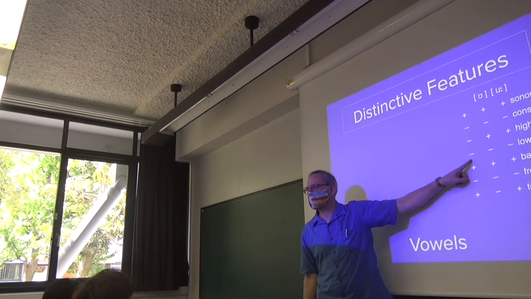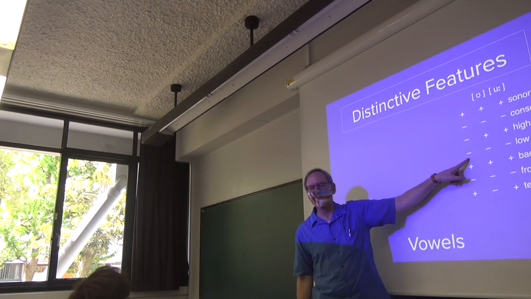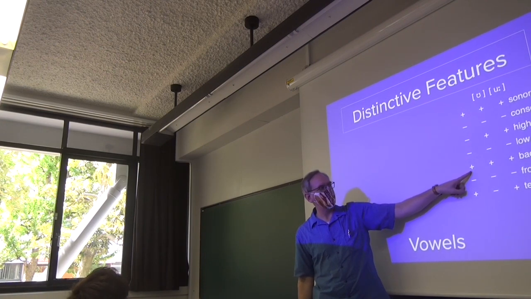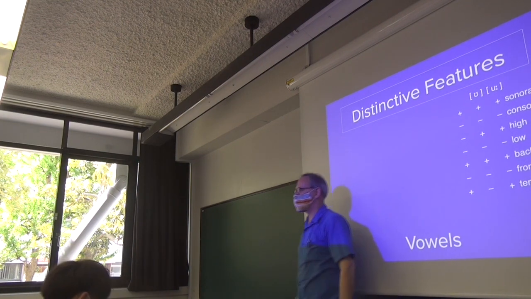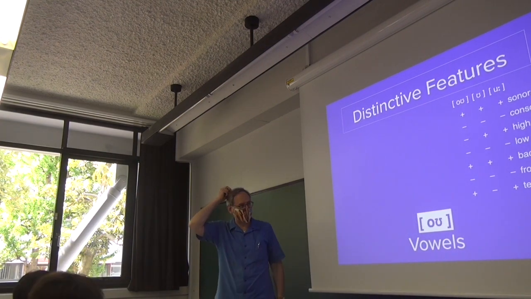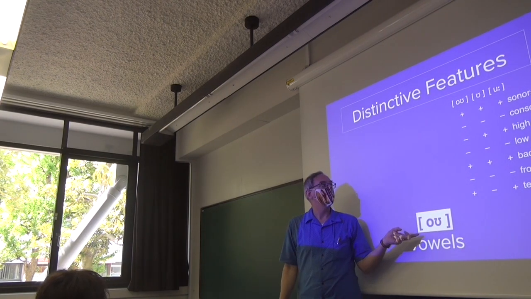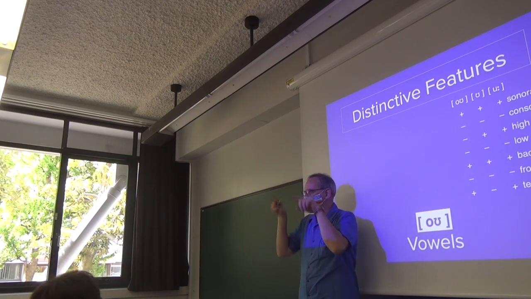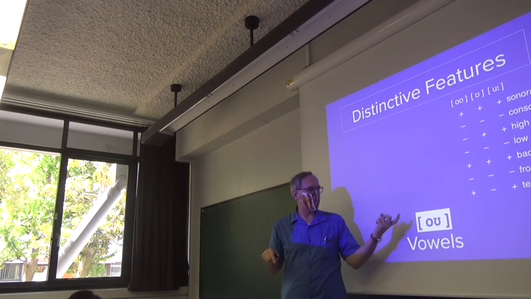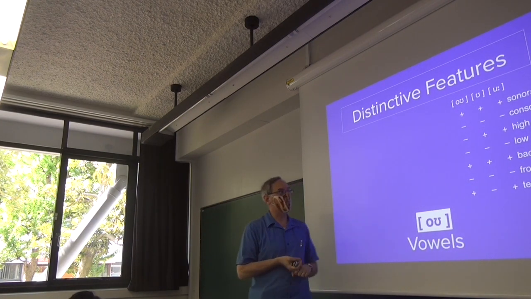If it's minus high, minus low, that's a mid vowel, plus back, plus tense. Those features combine to define the vowel O in English. You could use just the letter O to represent the IPA symbol, or o to represent the English pronunciation of that vowel.